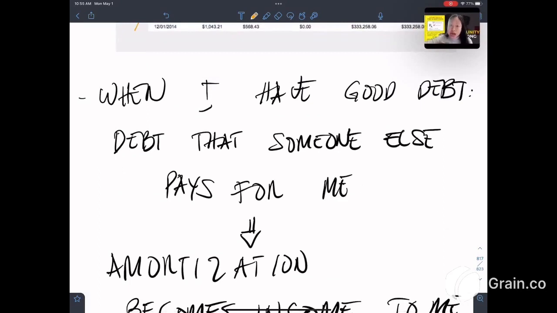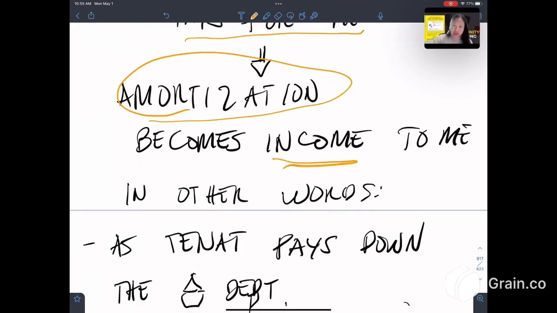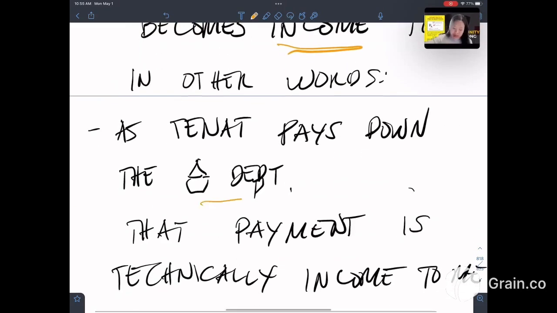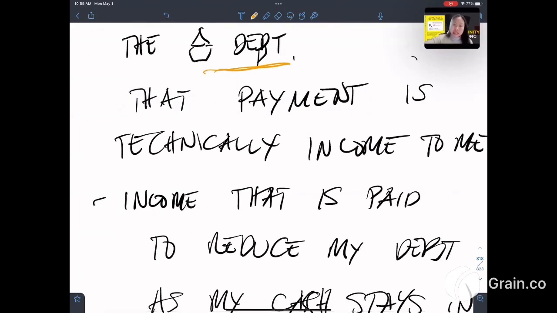Now, when I have a good debt, that means my tenant pays for my debt, someone else pays for me, then amortization becomes income to me. In other words, as the tenant pays down the debt, that payment is technically income to me.